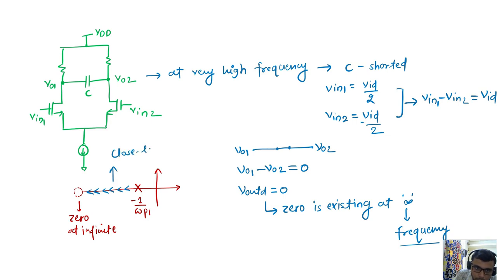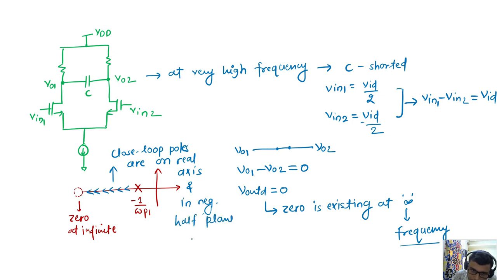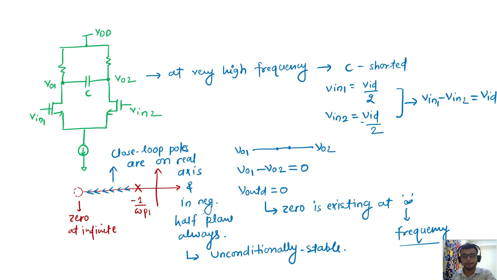Closed loop poles are on the real axis and in the negative half plane always, so it is unconditionally stable. I am talking a little bit about this stability concept here. So this is what I can say about the circuit.